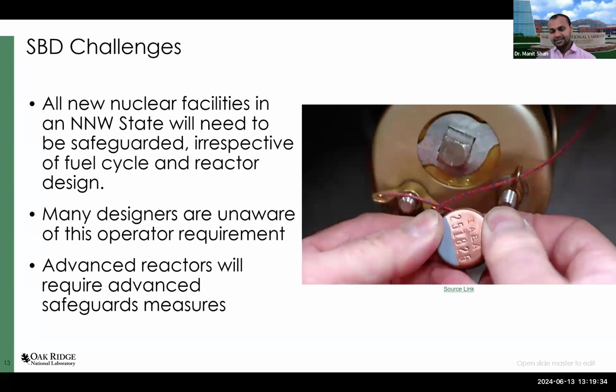The main challenge is that many of the designers are unaware of this requirement that the facility owner or operator will need to meet.